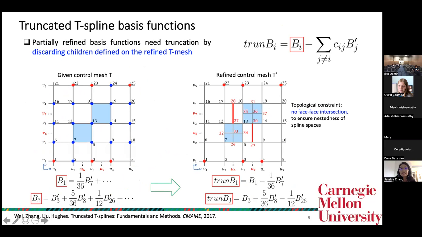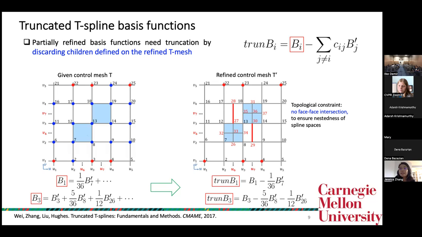What we did is, we take one regular structure, and we want to locally refine these two blue elements. To enforce the nestedness property of the spline spaces, we extended these two edges. So we got those two red edges, and then we can preserve the topological constraints and ensure the nestedness property.